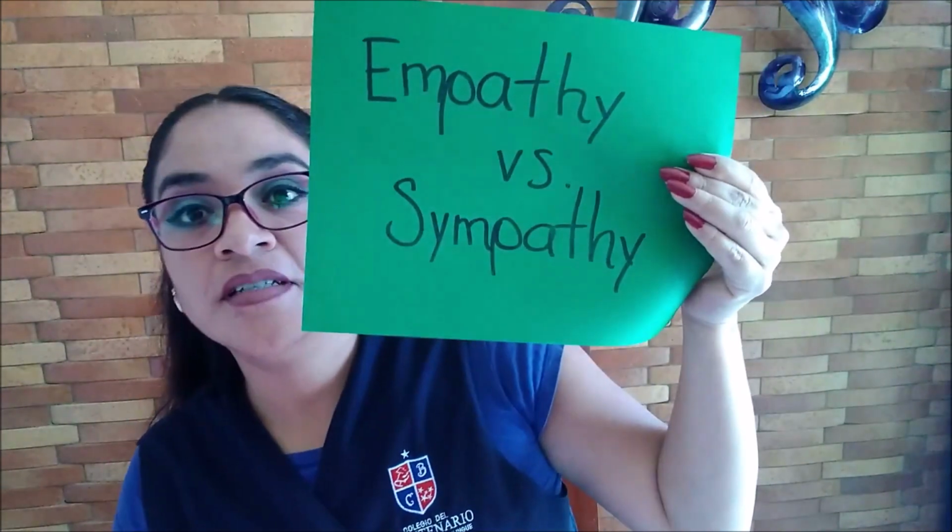Merit versus incentive. Empathy versus sympathy. Protests versus campaign. Okay? So I need you to search for the meaning of each word, and you will have to add the meaning into your vocabulary section in your notebook, alright?